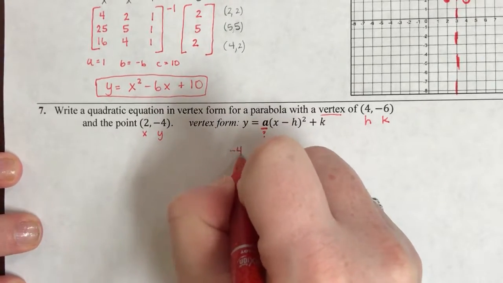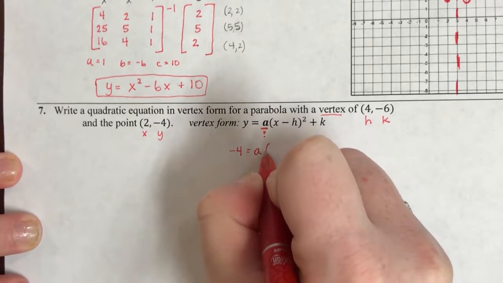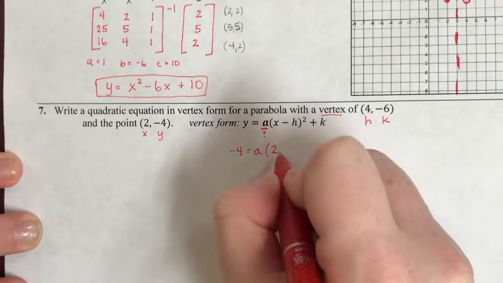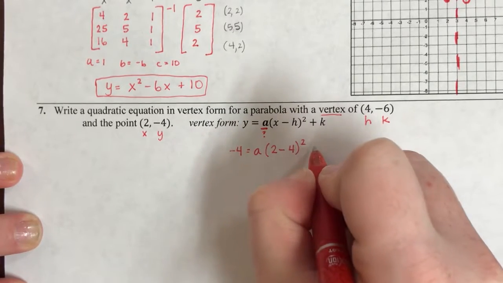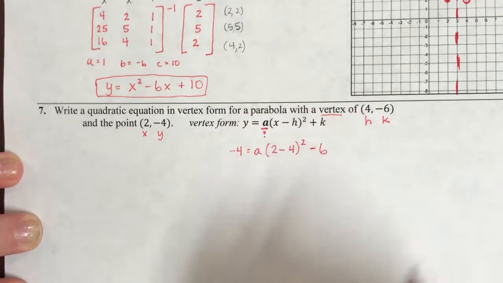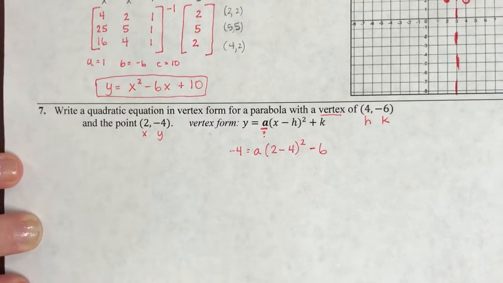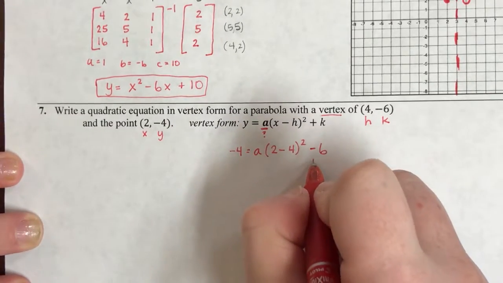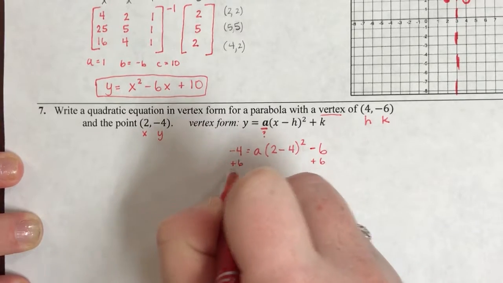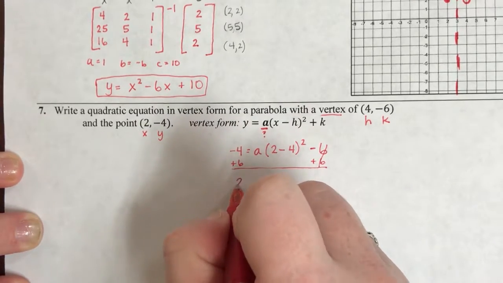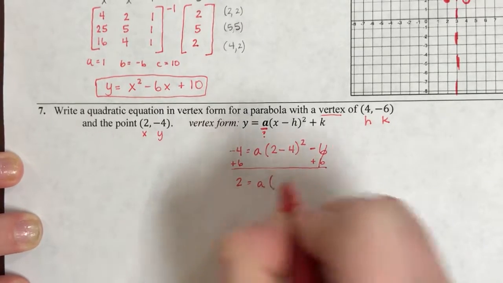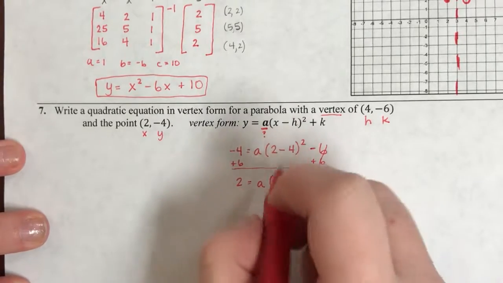So negative 4 is y, x is 2, h is 4, and k is negative 6. I'm going to start by adding 6 to both sides. And I can go ahead and do the operation inside the parentheses.